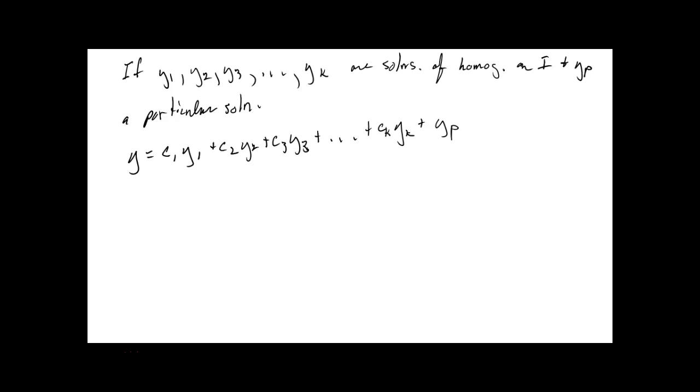Okay? And again, this is sort of presented to you in a vacuum because they haven't quite told you what all these things are yet. That will then be a solution of the non-homogeneous part. That's the part that has the g of x on the other side.